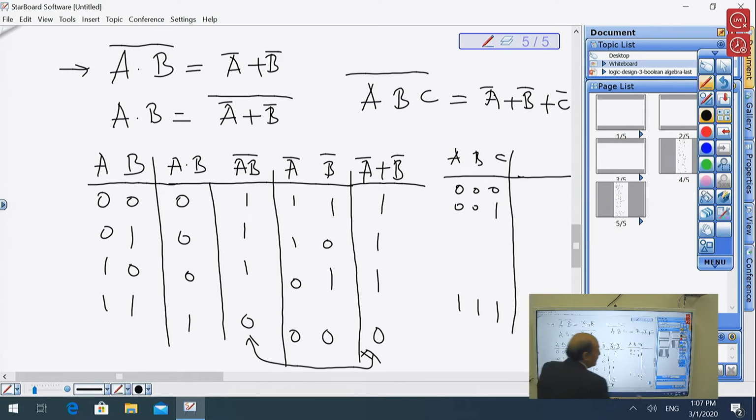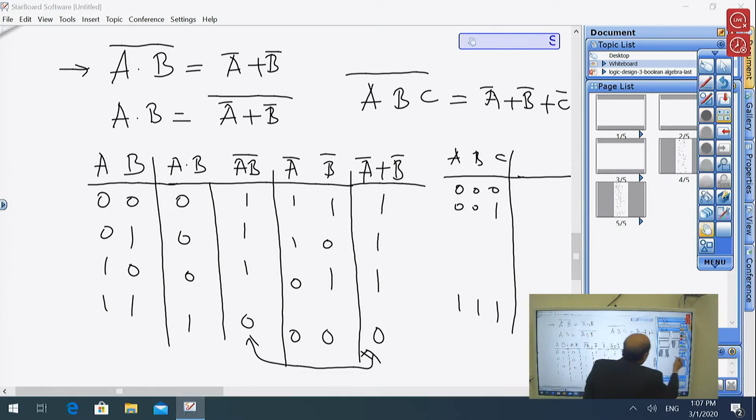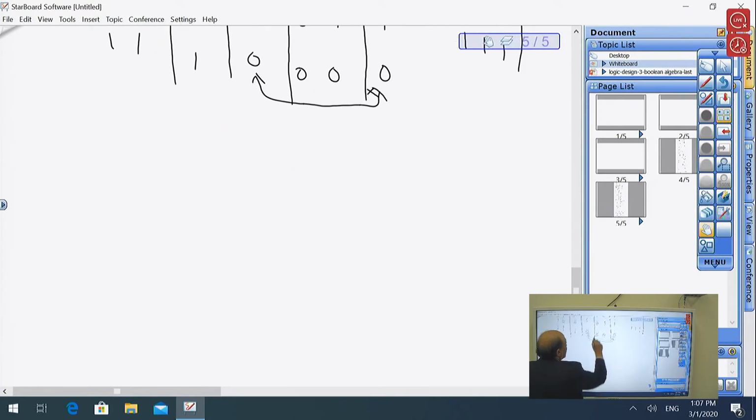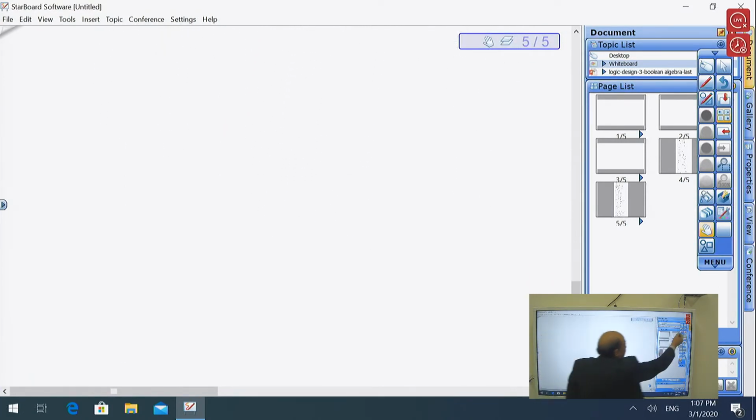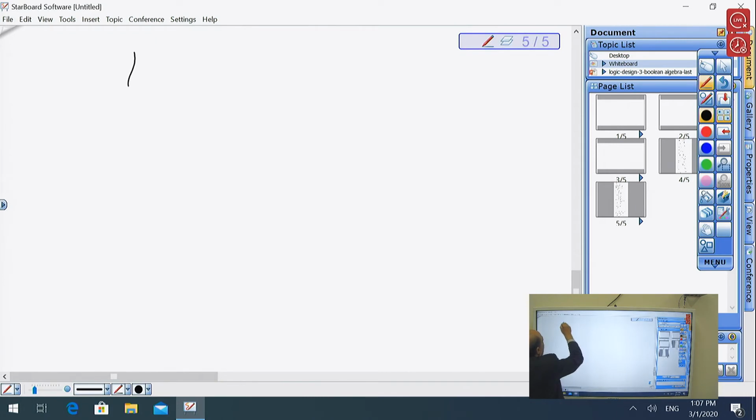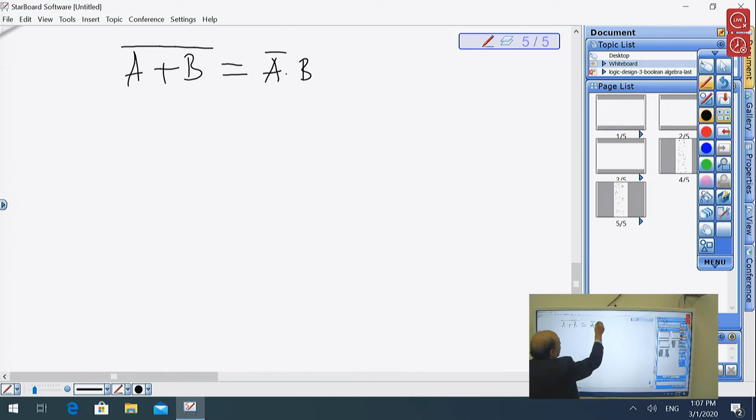In the same manner, we can prove De Morgan's second law, which is A or B complemented equals not A and not B. Or we can sometimes write it in this form.